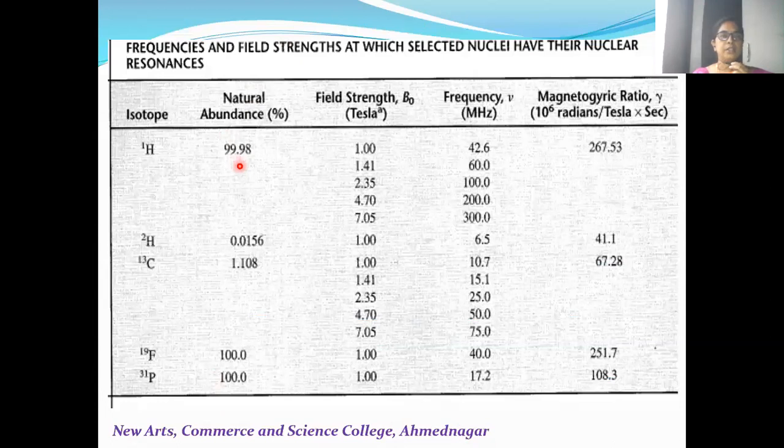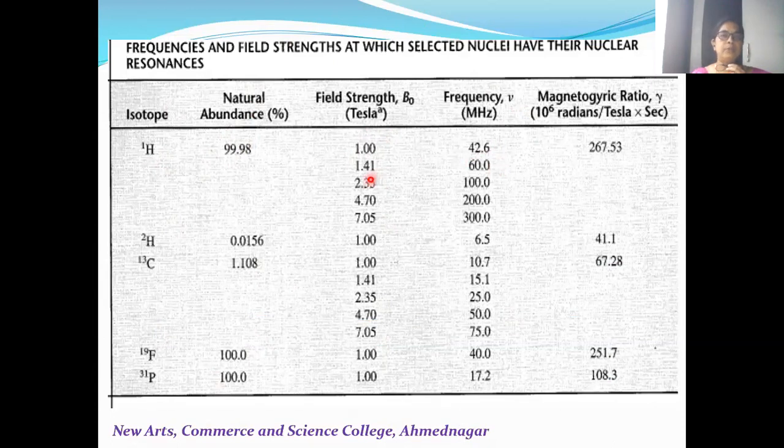Let us look at this. These are the different nuclei and their natural abundances, and at different field strengths, what are the absorption frequencies. Let us consider this H1 proton. If the applied magnetic field strength is 1 Tesla, then its frequency is 42.6.